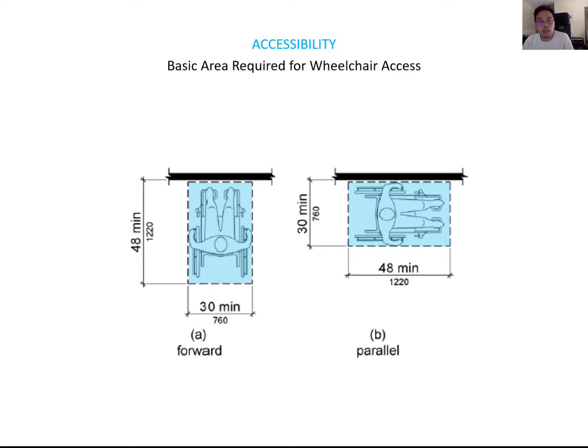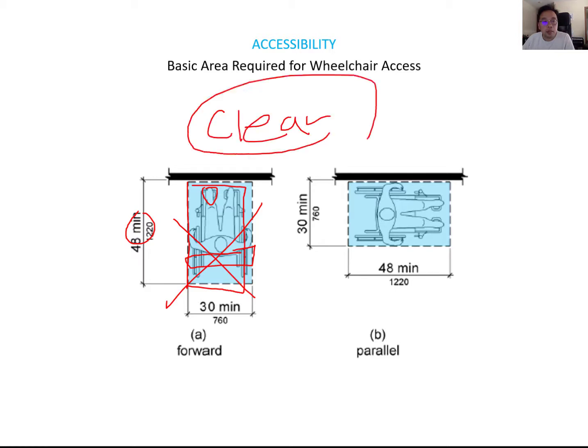First, we can see the wheelchair accessible forward access, and then parallel access. It always applies the 30 inch by 48 inch space. It means that within this boundary you cannot build anything, you cannot put any object. If you want to put some object here, or build some door here, it doesn't work, because you always provide 30 inch by 48 inch clear space. Clear means you have to be clear within this boundary.